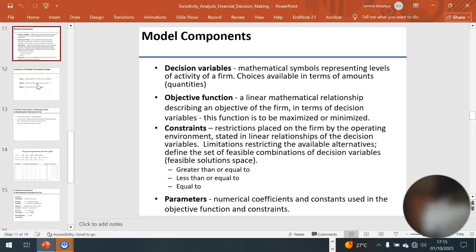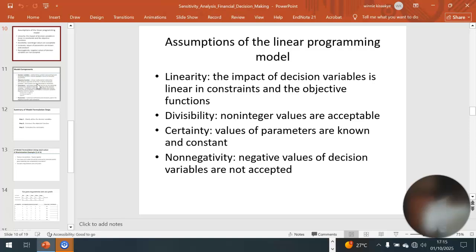Then from there we can say that divisibility, non-integer values are acceptable. So in some cases solver accepts non-integer variables. Then certainty, values of the parameters are known and constant. You find that whatever you input under the Excel solver, you already know it.